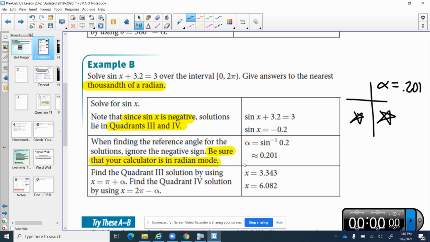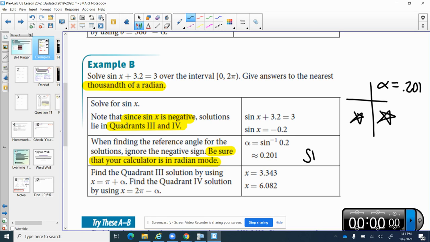And then that's actually not one of our answers because, again, we want where this is negative, not positive. So we need to subtract from 2 pi to get the quadrant 4 value and add to pi to get the quadrant 3 value. So these are actually our only 2 values. We just use that quadrant 1 value to help us find those values.